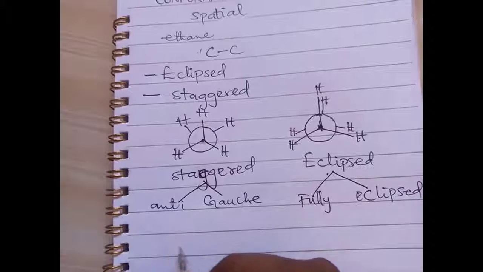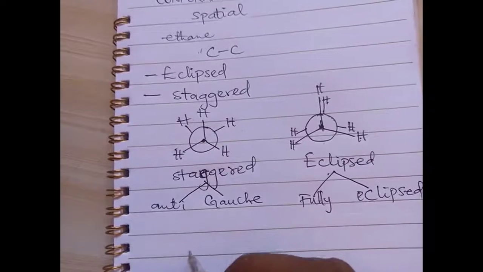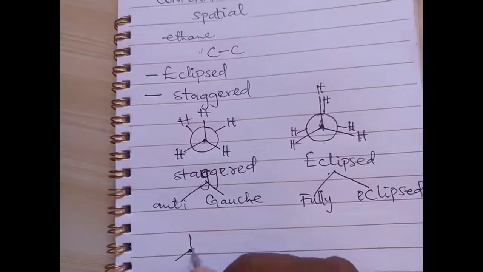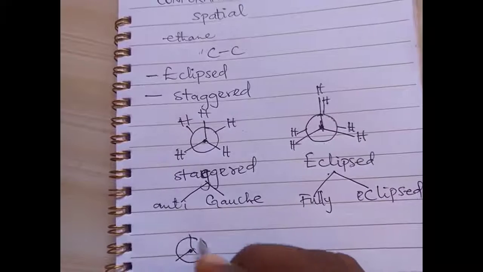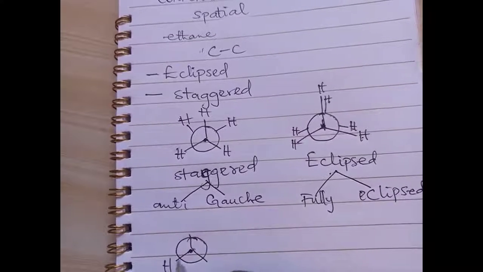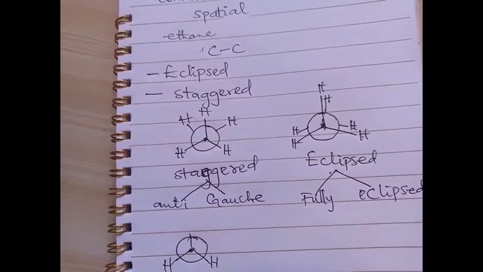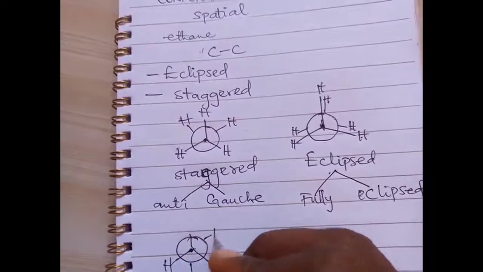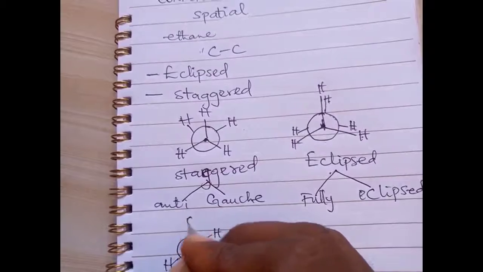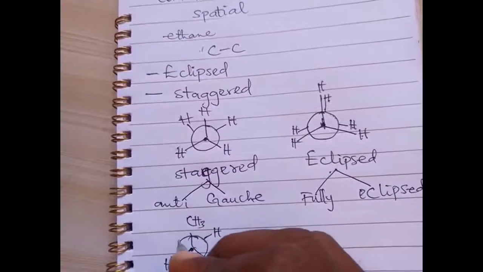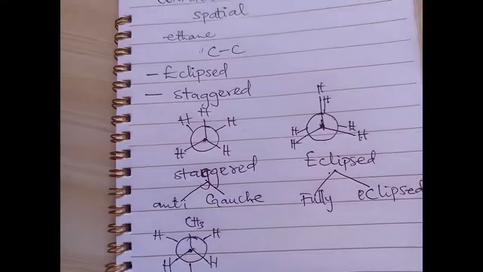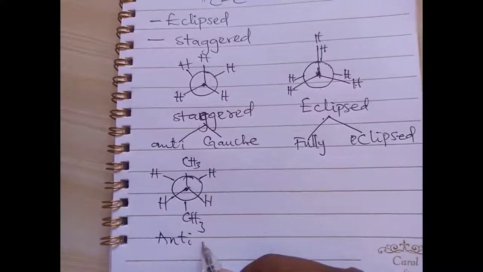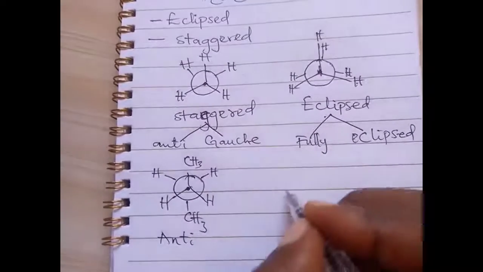So if we are to draw the anti using butane, this is the anti. Now we can have gauche.